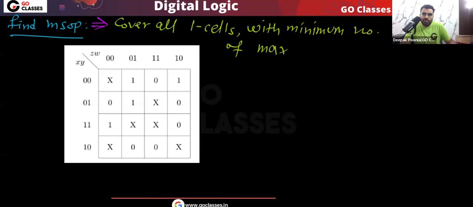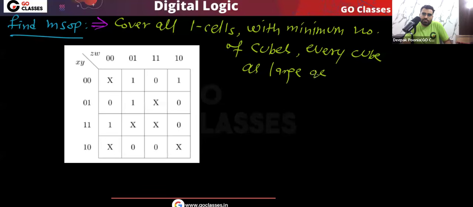Or I can say, with the minimum number of cubes and every cube as large as possible. Is this clear? Very simple. So this is how I will find the minimal SOP.